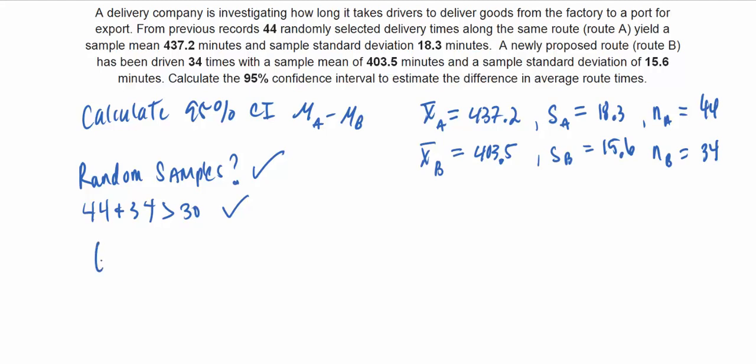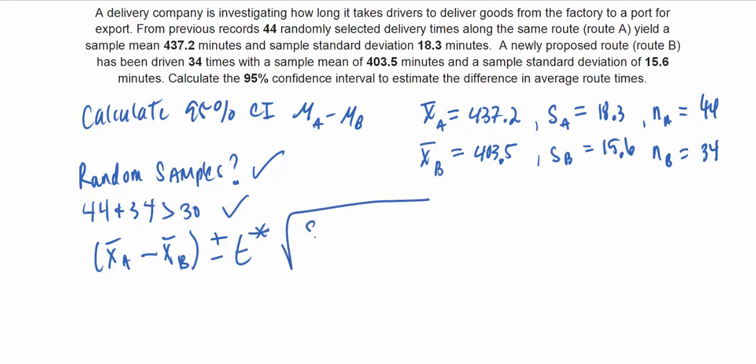The formula for this is x bar A minus x bar of B plus or minus a t critical value times the standard error, which in this case is the square root of SA squared over NA plus SB squared over NB, which we can simply plug the values into. However, we should actually first find out what our t critical value is.